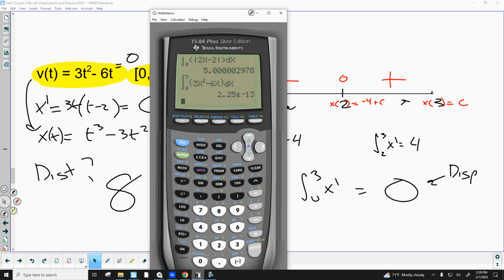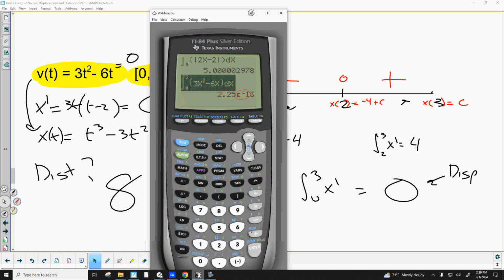Wait, hold on. Really quickly, that's really close to 0. Wow. This is another example of your calculator getting close. This is 2.25 e to the negative 13. This is your calculator telling you very close to 0. E to the negative 13th is like 0.0000000. This is your calculator telling you 0.